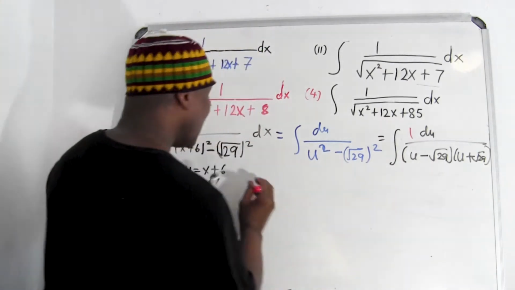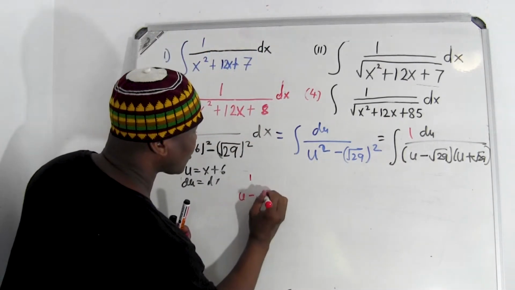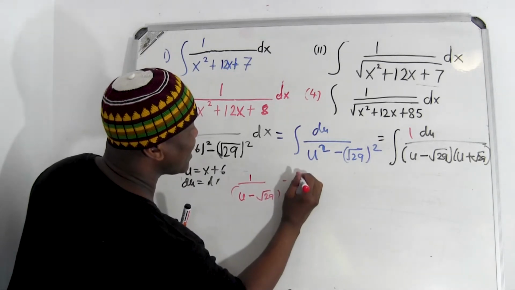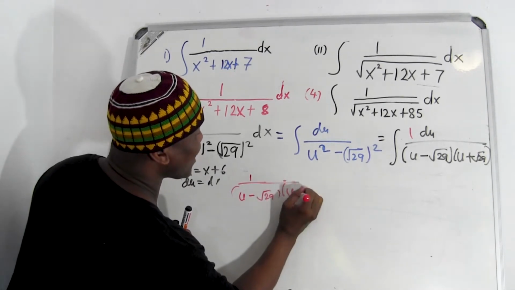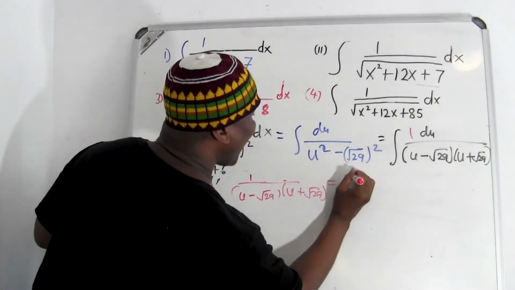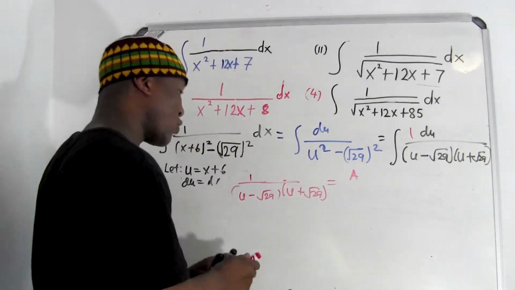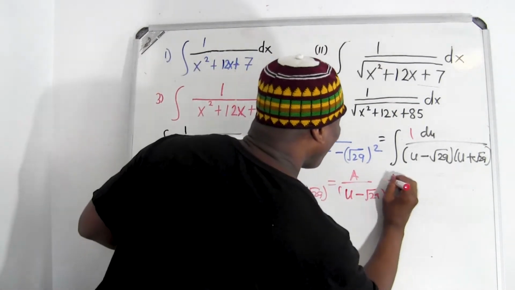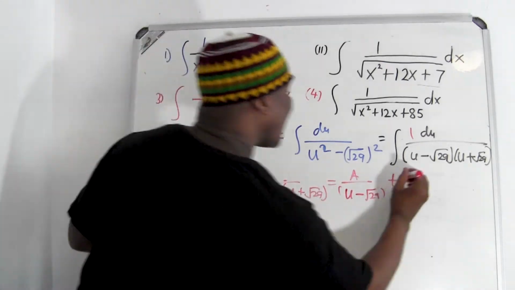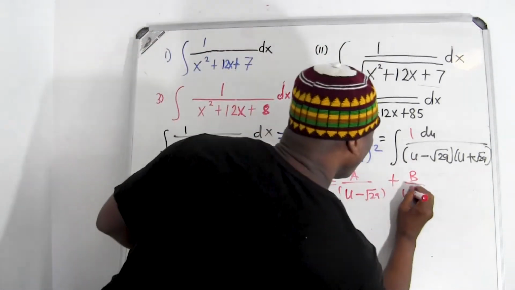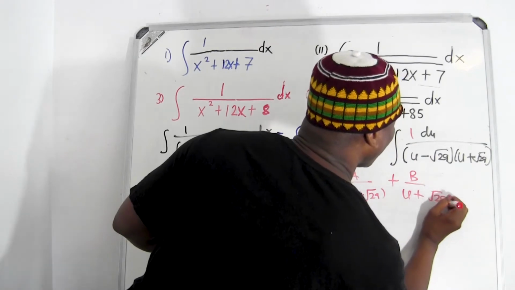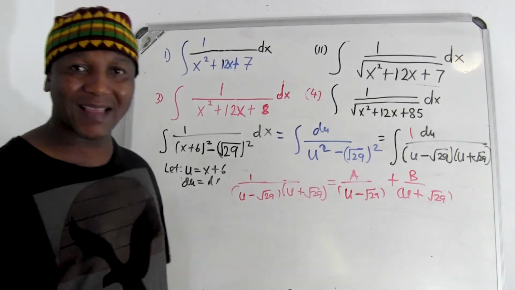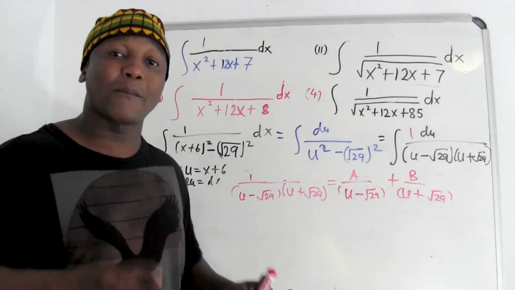It's going to be 1 over u minus square root of 29 bracket, multiplied by u plus square root of 29 bracket, equal to a over the first one, u minus square root of 29 bracket, and then plus b over the second one, u plus square root of 29 bracket. You see what I'm saying? So for me to get the value of a and b, so I can plug in there and solve the integration by partial fraction.